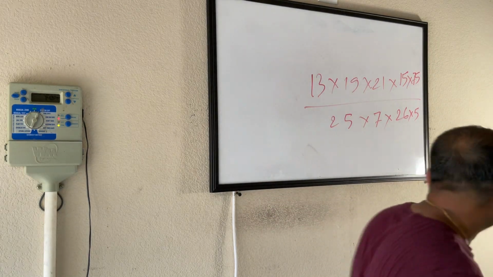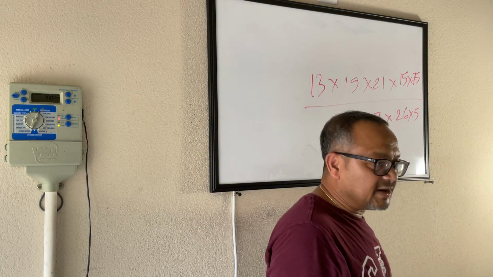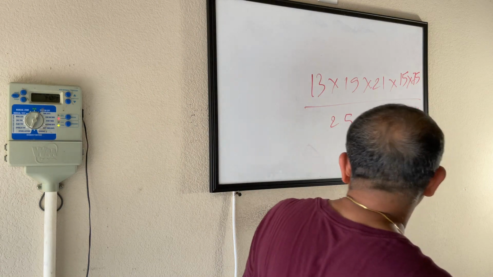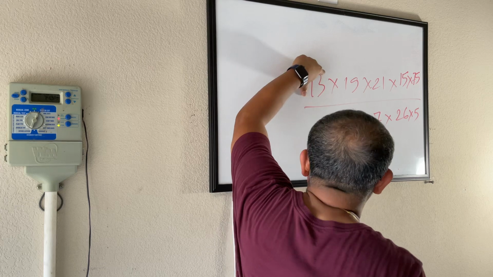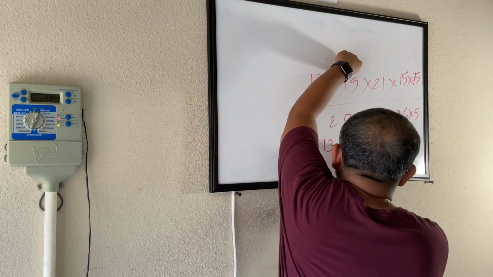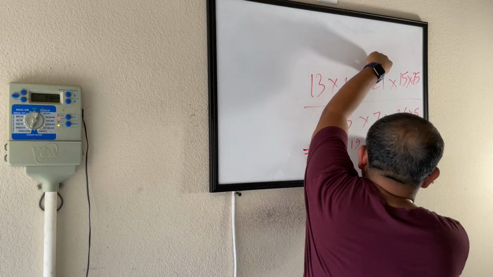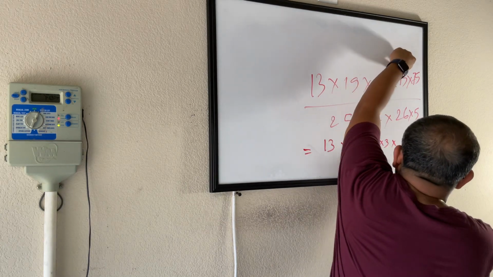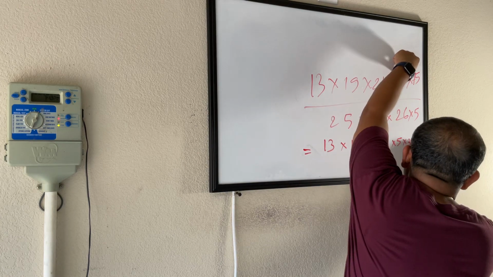So what I will do here is I will break it down and then play with it. Some of you who have played with it, please bear with me for 20 more seconds. Some of you who have not heard about this tic-tac-toe in the past, let's look at it. 13 is a prime number, I cannot break it down, so I'll keep 13 as 13. 19 is also a prime number, I'll keep 19 as 19. 21, I can write as 7 into 3. 15, I can again break down to 5 into 3. 75 is 25 into 3.